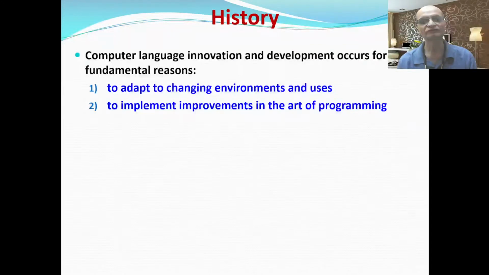Like for example, we had the 8086, then 386 or 486 processors, then Pentium, dual core, and then things like i3, i5, i7, which we see these days. So essentially the environment itself, when it comes to hardware, is changing.